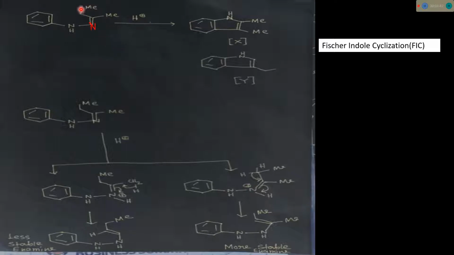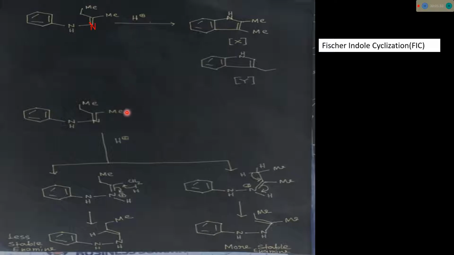If we treat this hydrazone with acid, then two types of indole will be formed. The percentage will be different, but the possible indole formation is these two. So these two types of indole will form if we treat this hydrazone with H plus or acids.